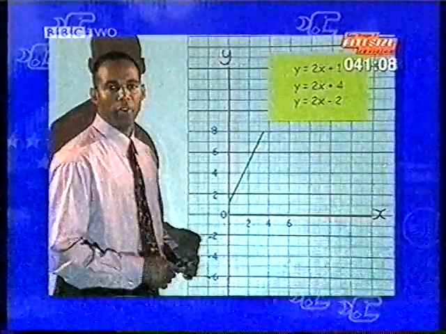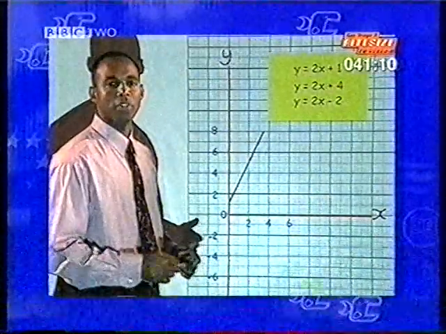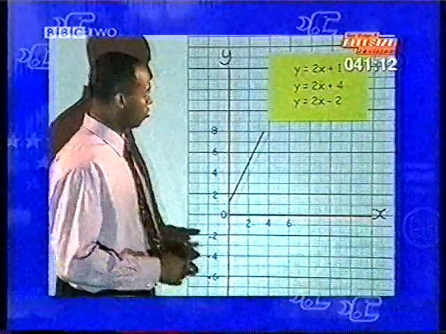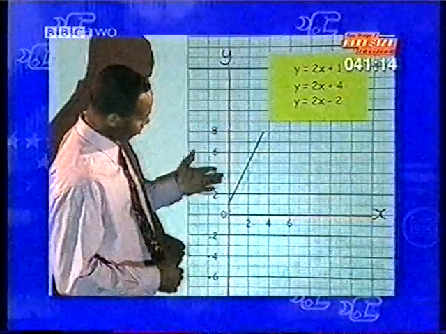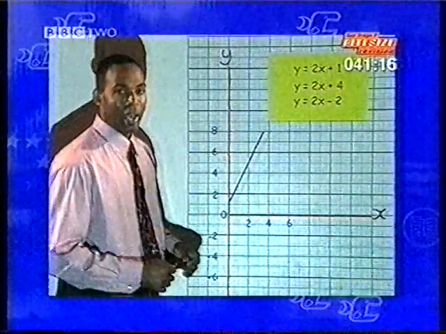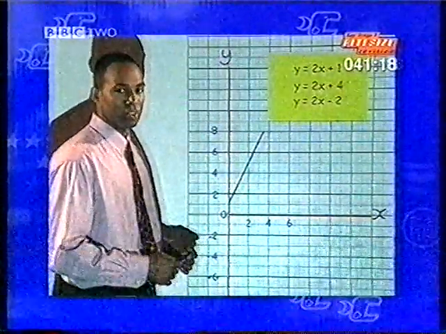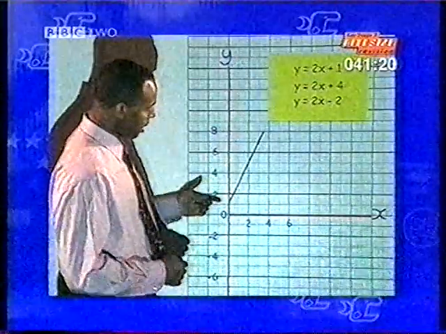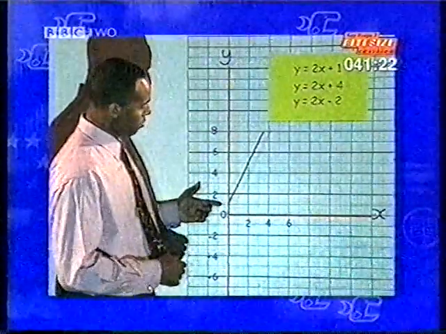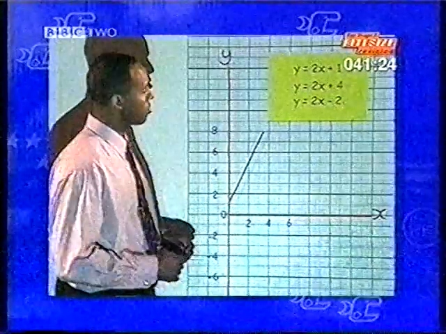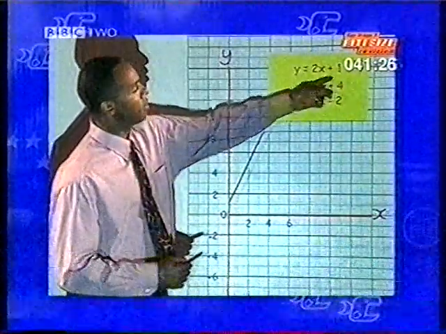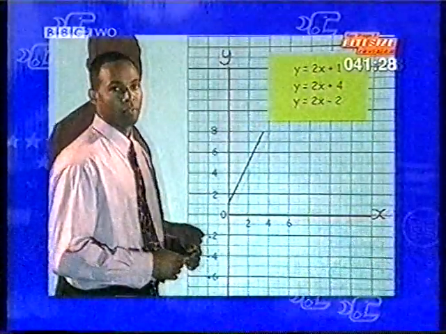Let's take it a bit further. If we consider the equation y equals 2x plus 1, we can draw it like this. And you'll see that the intersection with the y-axis is here, where y equals 1. And that corresponds to plus 1 in the equation.